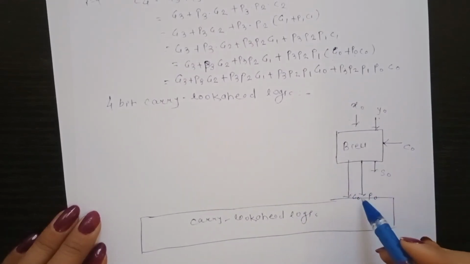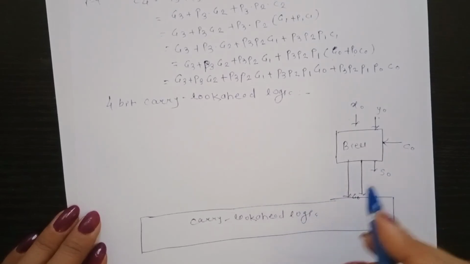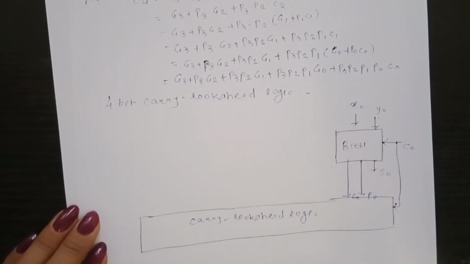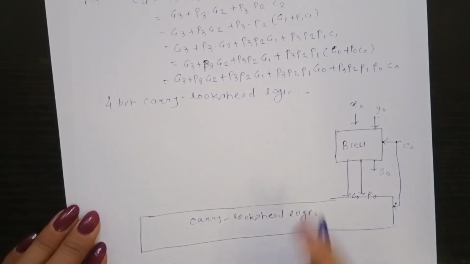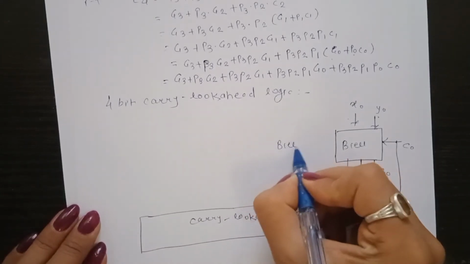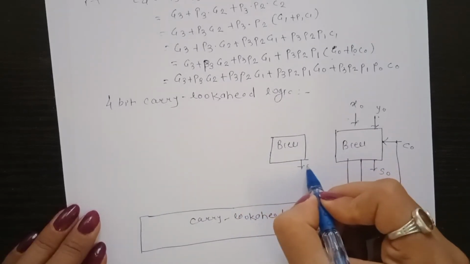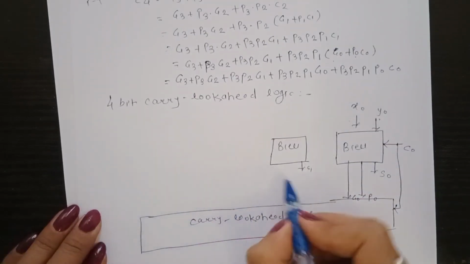We have to pass this G0 and P0 to this carry look ahead logic, and we have to pass carry 0 again to this logic. Okay. Now after that we have another cell. Here sum is generated S1.